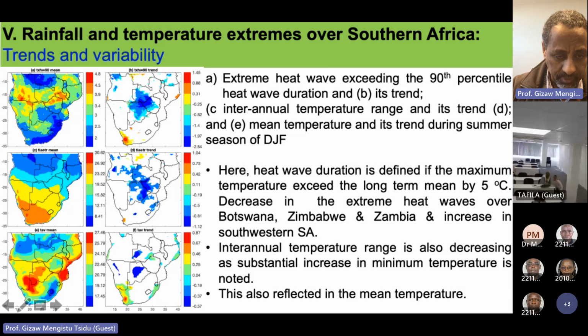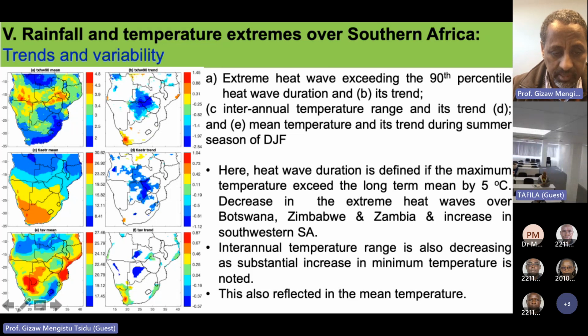In fact, that includes also some isolated periods in Zimbabwe and the area between Zimbabwe and Zambia, and some areas along the coastal areas of Mozambique are getting slightly warmer. And this area here, in terms of mean temperature, is getting warmer.